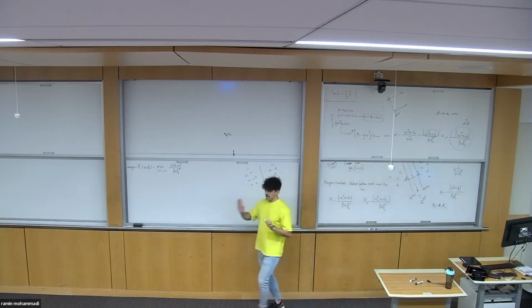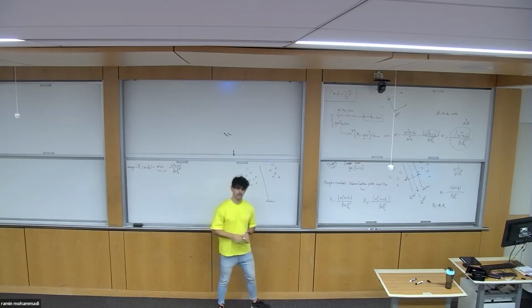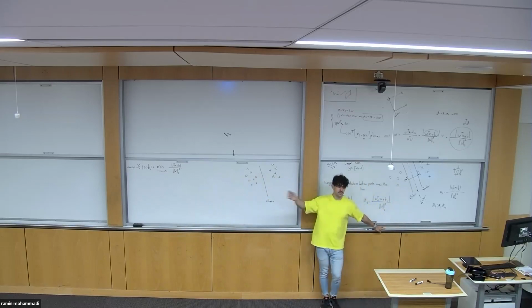My goal is to push these two lines to the left and to the right as far as I can until I reach some points from each data class, right? By doing so, I'm minimizing the margin, correct? Because the closer the line gets to the points, the smaller the margin gets, right?